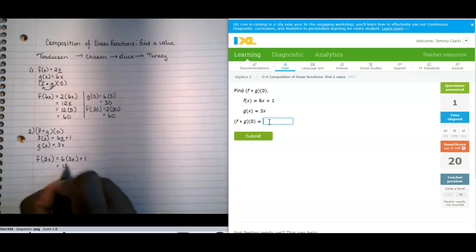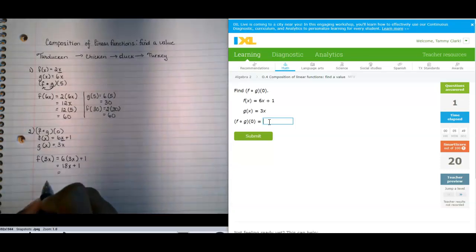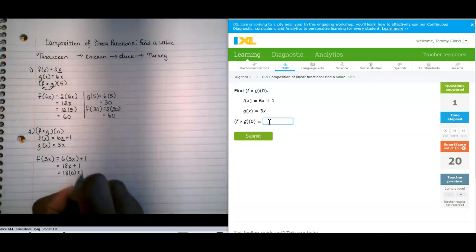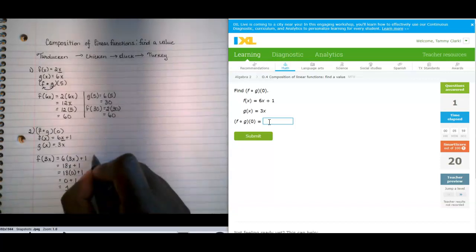That gives me 18x plus 1. And then they're asking me to evaluate that for 0. So 18 times 0 plus 1, that's 0 plus 1 equals 1. That's one way to do it.